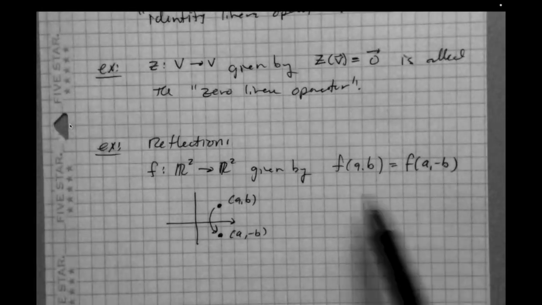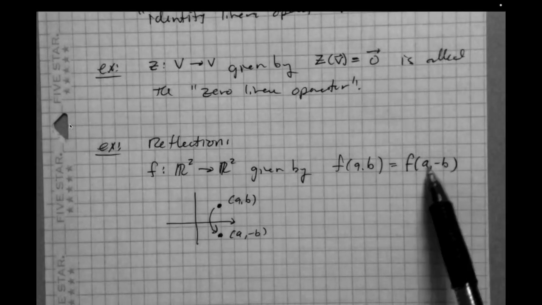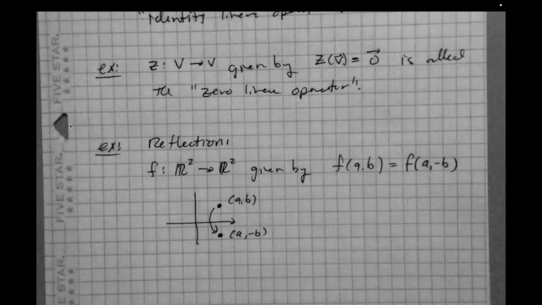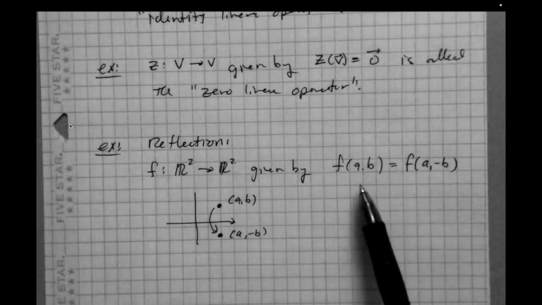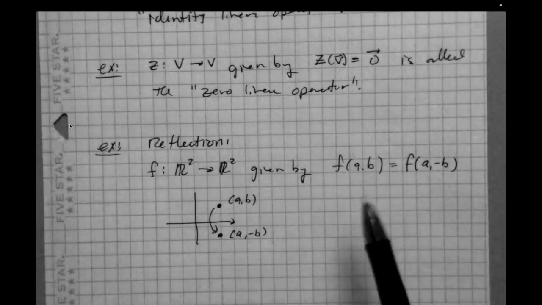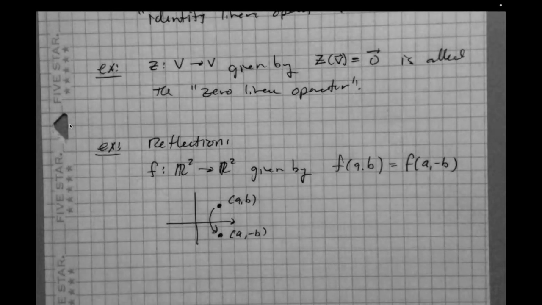You could also set up a reflection across the y-axis by making f of (a, b) equal (negative a, b). So you can see how this is a simple reflection. Maybe it isn't obvious, but it is a linear transformation, and it's a linear operator because it maps R2 onto R2.